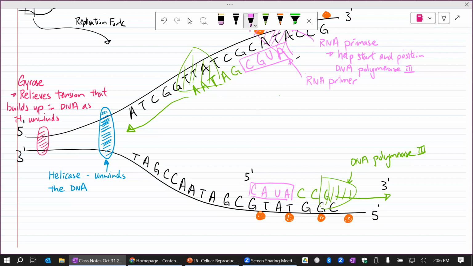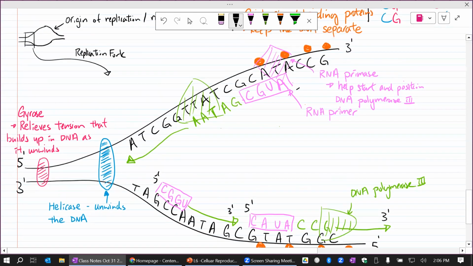Well, as more DNA becomes available because of the unzipping, you will need to have another primer, right? So like GGU, maybe like that. That's another primer. And then you will continue to build this way. This, of course, is also from 5' to 3', right? Not too much of a problem for the top strand. It just keeps on going into the fork. But this one, you will have to do it a little bit at a time.